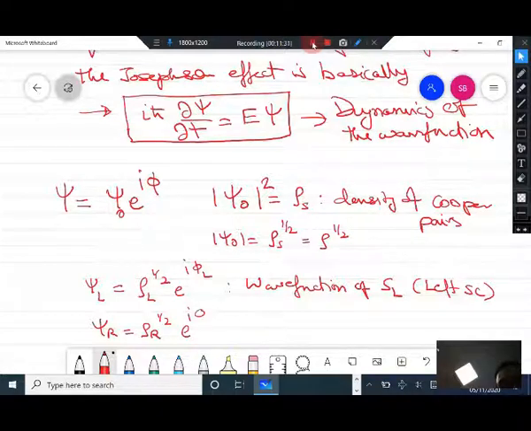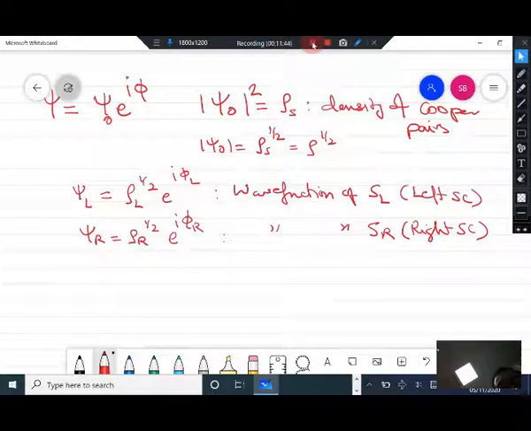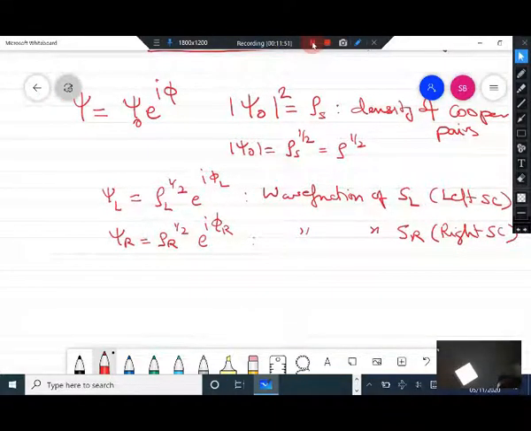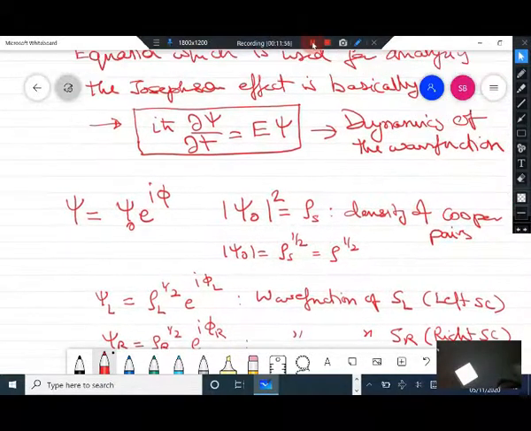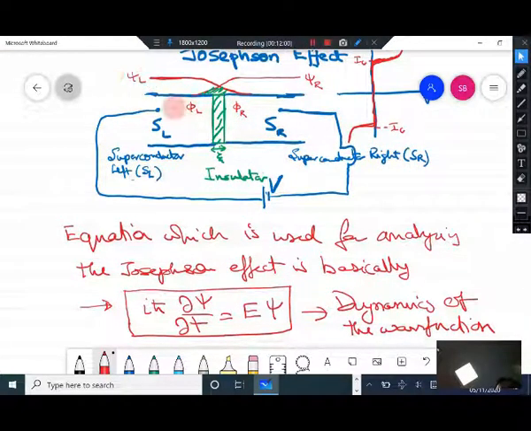The phase is phi r. I am representing phase as phi r. This is the wave function of the superconductor on the right. This is the right superconductor. Because a little bit of the right portion is leaking into the left portion, the wave function you write on the left side will have a slight perturbation coming from the right side.